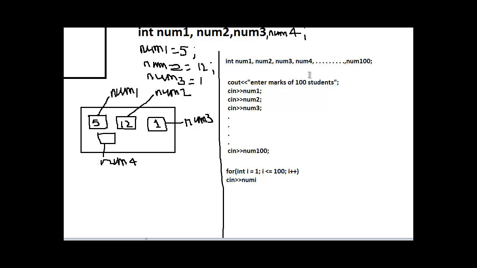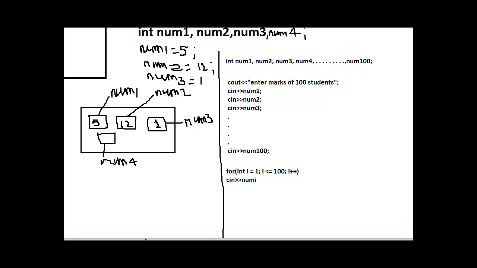Second, you can use a for loop to take values or output the variables. That is how arrays are important.